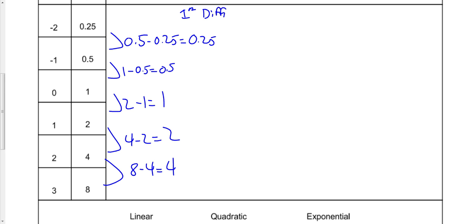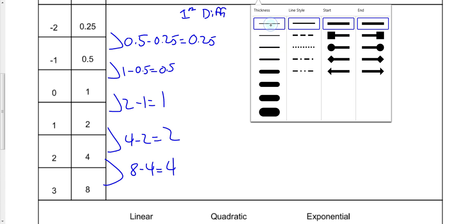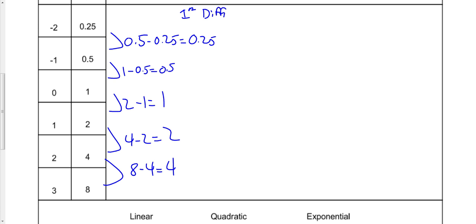So the next thing that we want to do is say, okay, well, look, if the first differences aren't the same, then let's see whether or not the second differences are the same. So we know it's not linear because first differences aren't the same. Let's see if it ends up being quadratic. So let's find the second differences. We're going to do 4 minus 2. That's going to equal 2. Then we're going to do 2 minus 1, and that's going to equal 1.